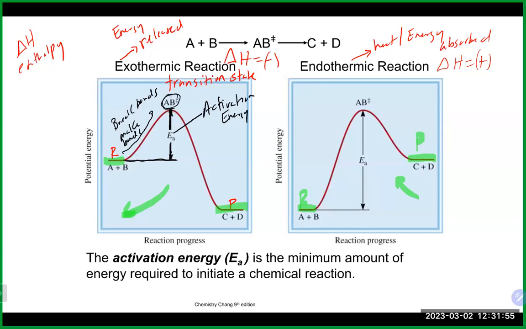And that little guy there at the very top of the hill, this guy, that AB with the little symbol next to it, that is what is sometimes referred to as a transition state complex or activated complex.